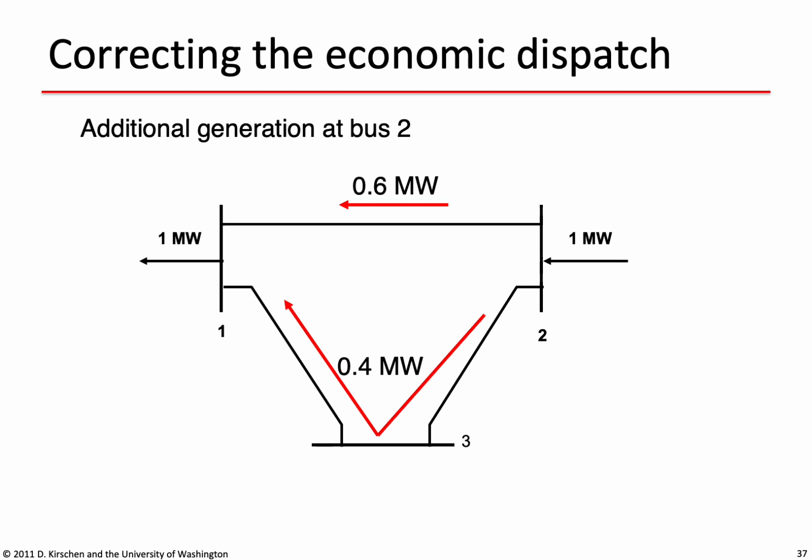So if we increase the generation at bus 2 by 1 megawatt, while reducing the generation at bus 1 by 1 megawatt, that corresponds to an injection of 1 megawatt at bus 2 and extraction of 1 megawatt at bus 1, because we are assuming the system is linear, because we are doing a DC power flow approximation. 0.6 megawatts will flow directly from 2 to 1, while 0.4 megawatts will flow from 2 to 3 to 1 because of the relative reactances of the branches in this system.